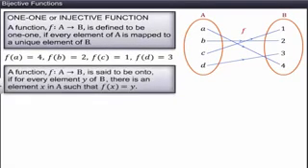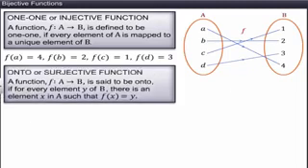You have also learned that a function from A to B is said to be an onto or a surjective function if every element of B has at least one pre-image in A. Here, function f satisfies this condition also, and hence it is an onto function.